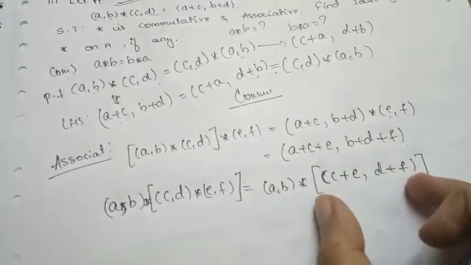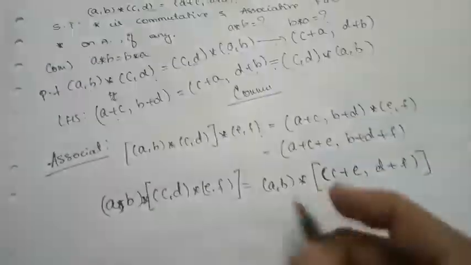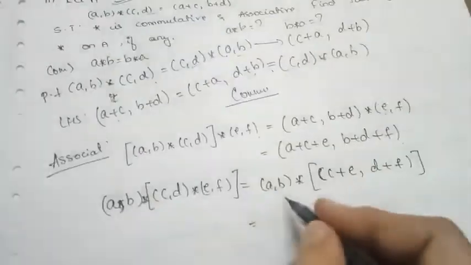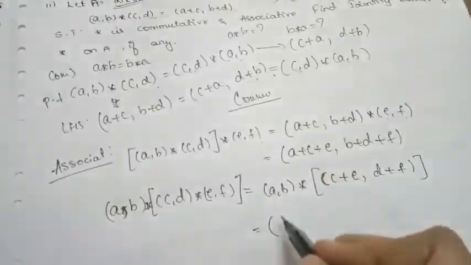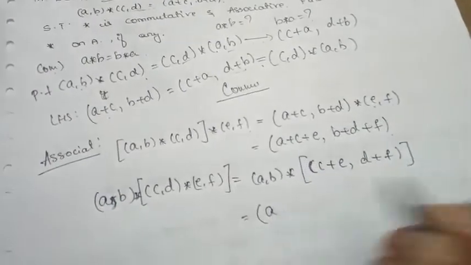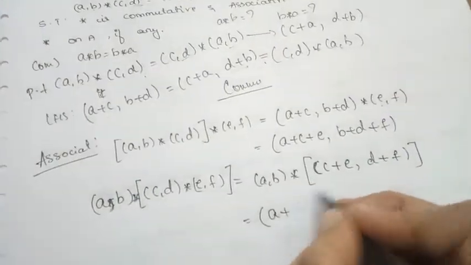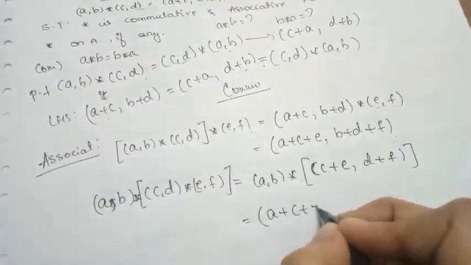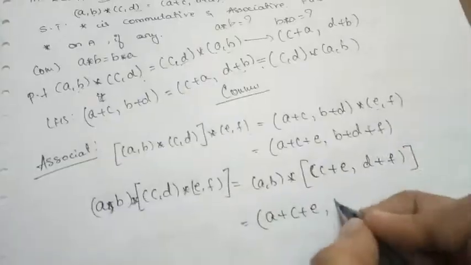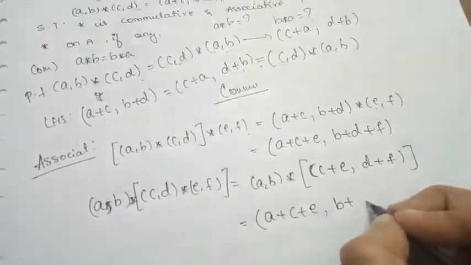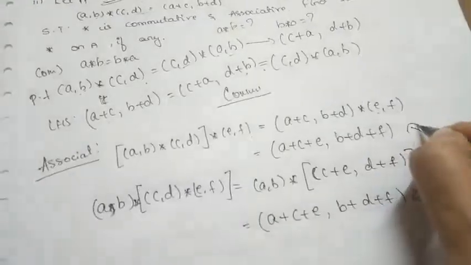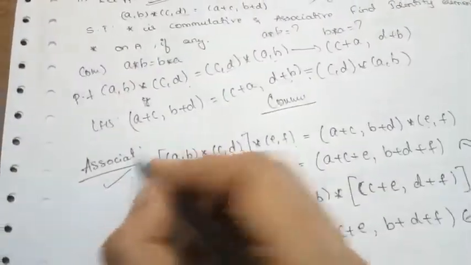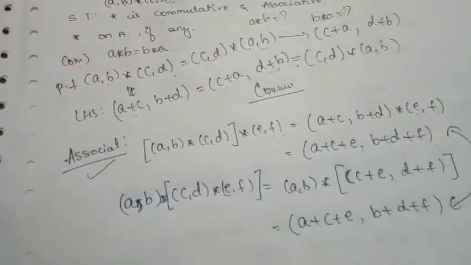Now if I consider this one as our (C, D), it will be in the form of (A, B) star (C, D). So how will it be? First element from the first ordered pair plus first element from the second ordered pair, comma, second element from the first ordered pair plus second element from the second ordered pair. Now you can clearly see here the LHS is equal to RHS, so it is associative.